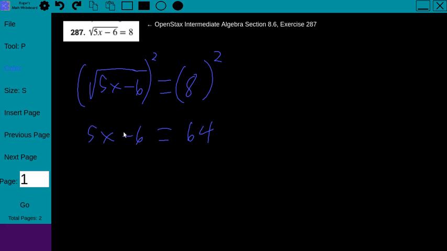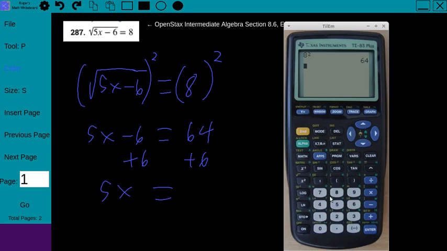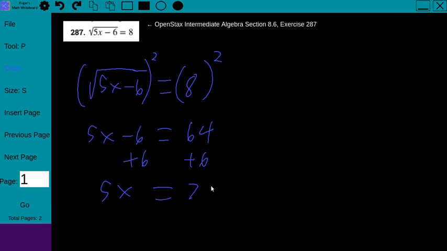So in order to get rid of this, we have to add it. Because it is a subtraction of 6, we have to add 6 to both sides. And then this will end up being just the 5x. And then this will end up being some kind of number. 64 plus 6 is 70. Okay, 70.